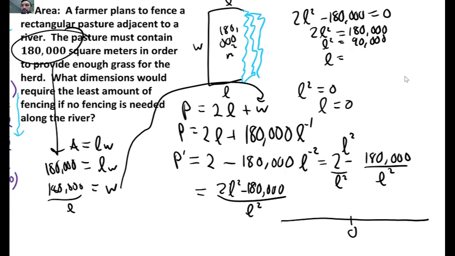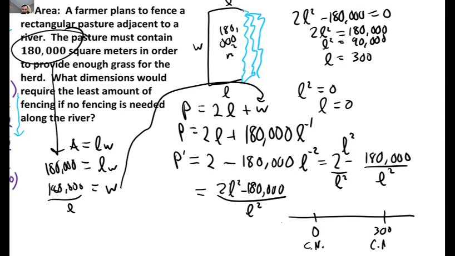And then square root. Normally when you take the square root of both sides, you need plus or minus, but this is a length, and of course negative length doesn't make sense. So thinking about the context of the question, 300 times 300 would be 90,000. So it looks like the other critical number is 300. These are my critical numbers.